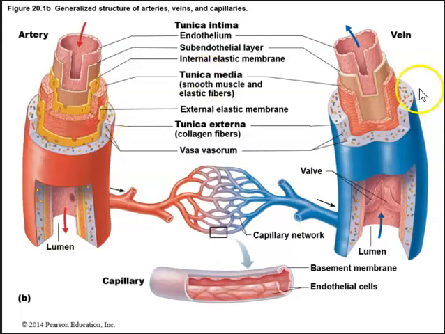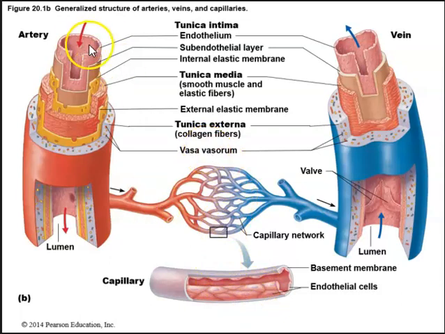Also, another main difference is that some veins do have valves within their lumen, and these valves help prevent the backflow of blood. So then we get down to the capillaries being the smallest vessels, and they're usually made up of one layer of endothelium, and they're very porous, meaning they allow for cells to go through, also allow for gas exchange.